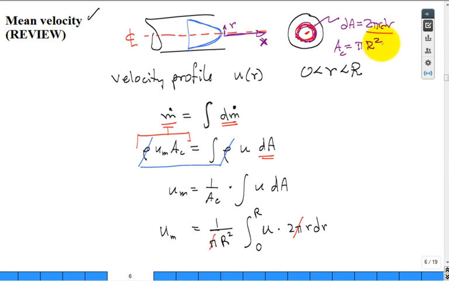You remember that? 2 pi r dr from calculus. And so you could put that in there. And then what is the area of a round pipe? pi r squared. And there you go. So you would have to compute if you wanted to. Sometimes they'll have u mean is equal to 1 over capital R squared, the integral of u as a function of r, 2 r dr, from 0 to capital R. What's the difference between lowercase r and capital R? What's capital R?